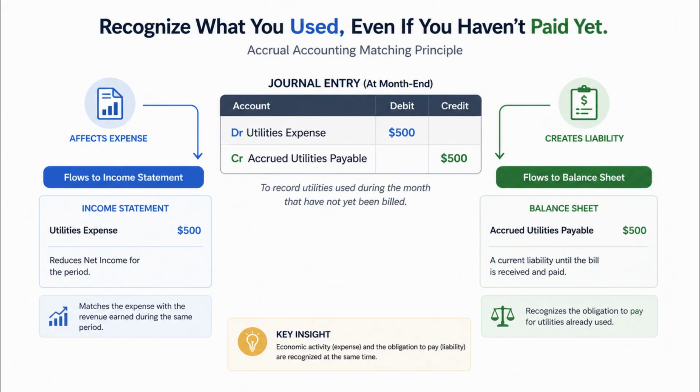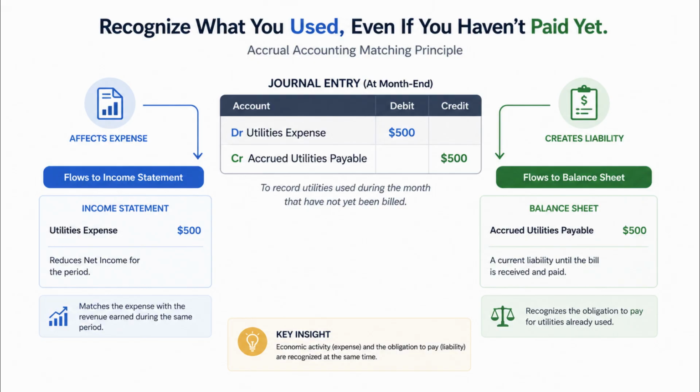Now your expense reflects reality and your liability reflects what you owe. And this is called an accrued expense. And specifically, you're going to write this into your accounts payable because it's an accounts payable account in your liabilities.